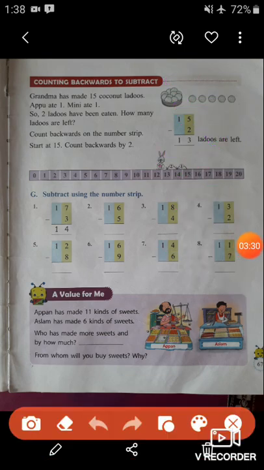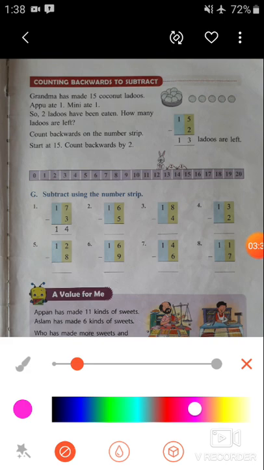Now we have to show this sum by using a number strip. Look here, a rabbit is set on the number strip. The first step is to draw a number strip.